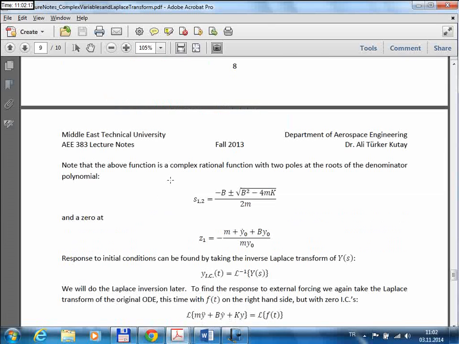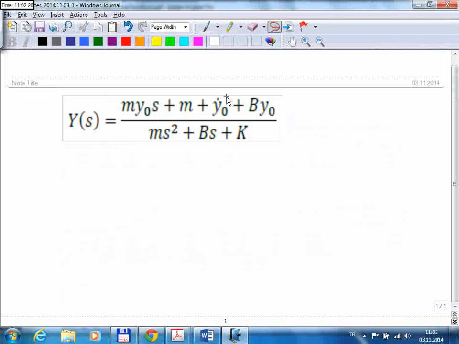Okay, so since we have a rational function here, this function has some poles and zeros. Remember that discussion. So poles are defined as the points on the complex plane that make the function undefined. Okay, so these are the points that make the denominator 0.